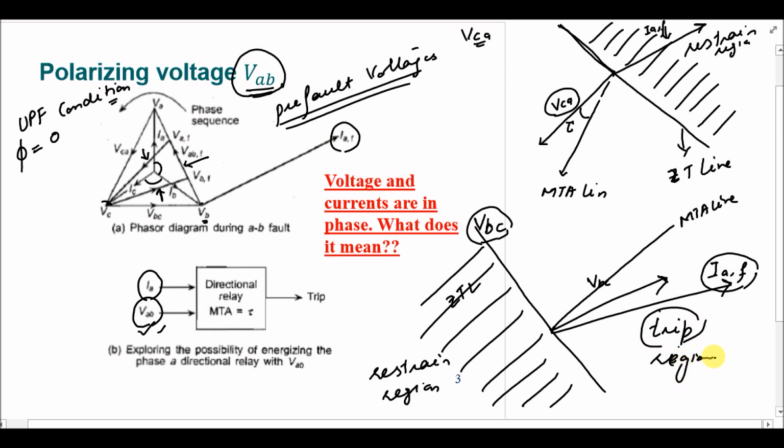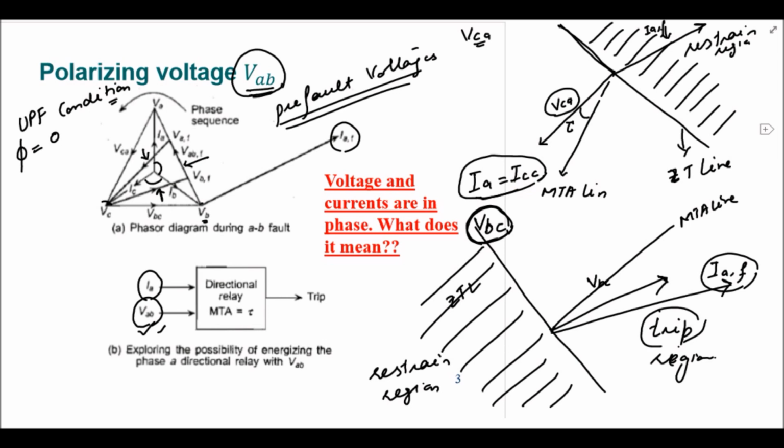So in case of phase A related faults, if you take VBC as a polarizing quantity and IA as the current coil current, which is equal to ICC, then this directional relay will correctly identify the direction of the fault current, whether it is the forward current or the reverse current.